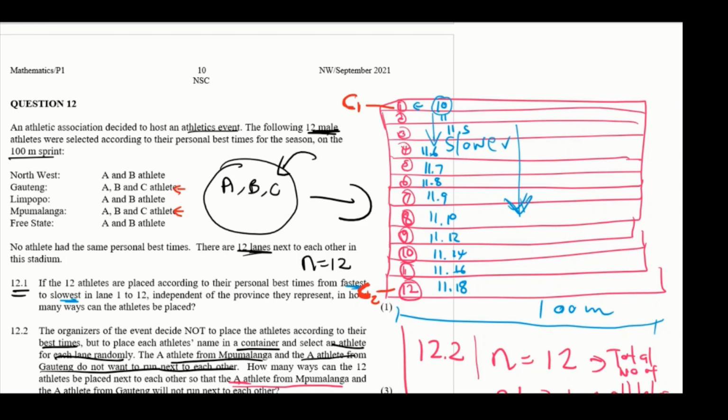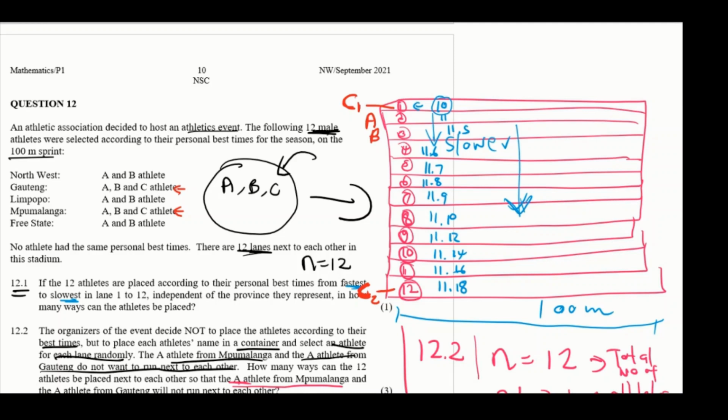So let's say they run from the outside lanes. So which means in between it's going to be what? It's going to be athlete B and athlete A. So athlete A and B will run randomly, like they'll be placed differently, right, between C1 and C2.